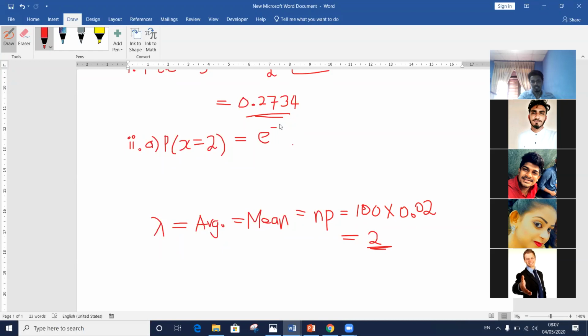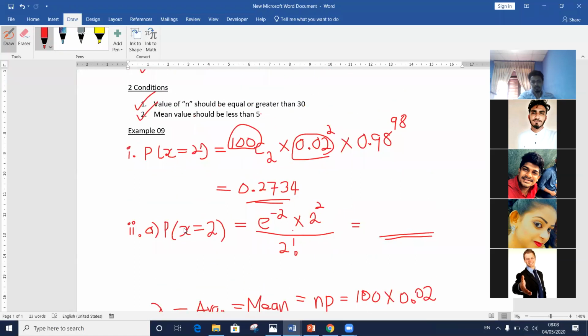Right. So e to the power minus 2 into 2 to the power x, where x value is 2, divided by x factorial. It means 2 factorial. So what is the answer we will get here?